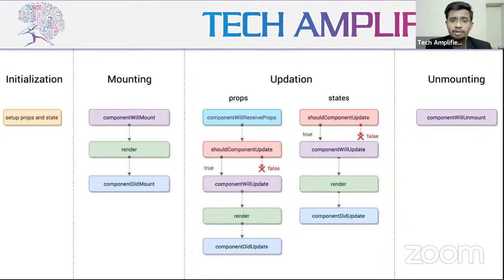So the component will receive props first. Props is a kind of data, or kind of arguments, that we are going to pass to a function. It's a kind of data that we pass from one component to another; that is props. The component will receive props, and there will be a function which will trigger.